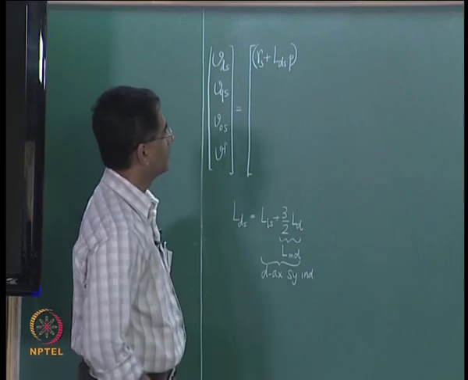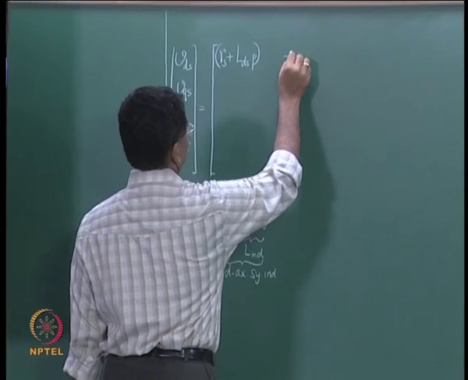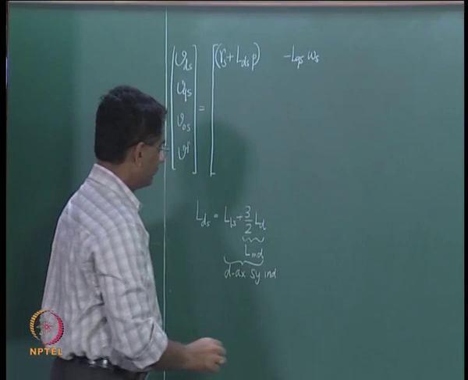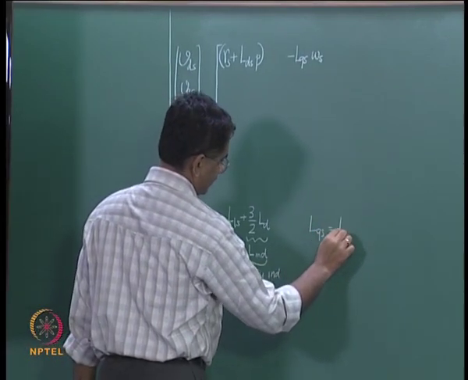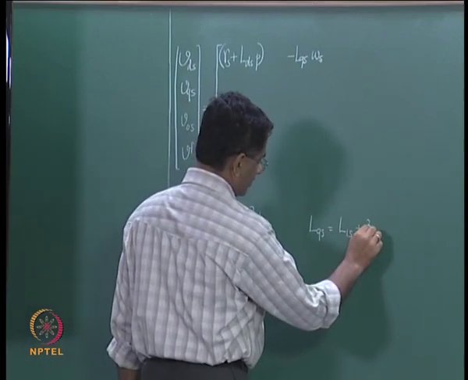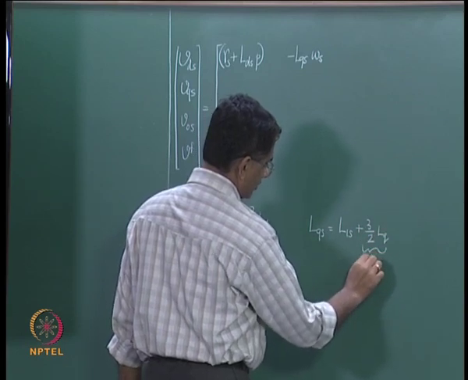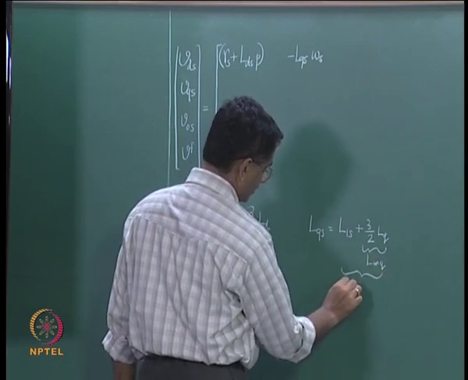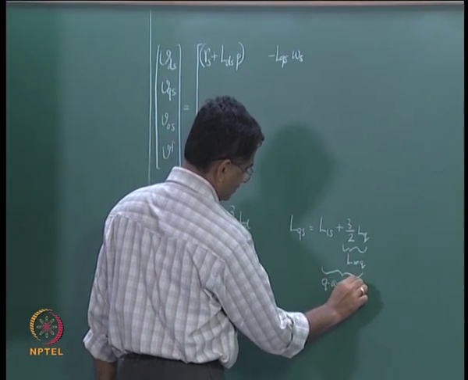And then here it was minus LQs into omega s, where LQs is defined as the leakage inductance of the stator plus 3/2 times LQ, this being defined as LMQ, and this together is then the quadrature axis synchronous inductance.